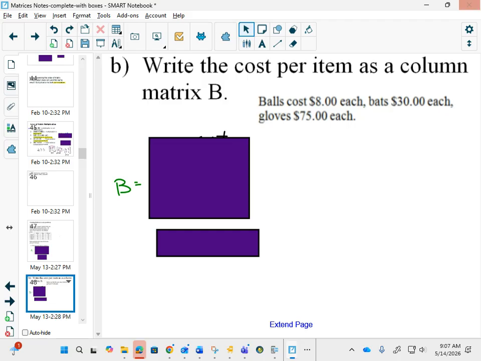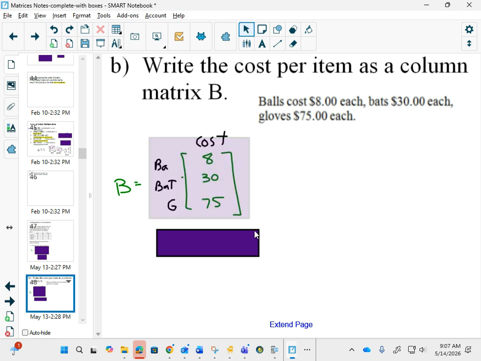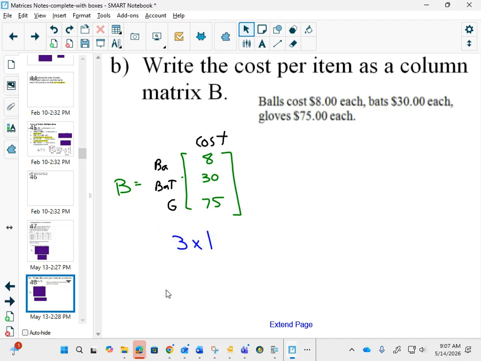Next up, write the cost per item as a column matrix. Label that one B. So I'm making my cost as a column matrix. Again, I'm adding the little words here: cost, ba, bat, G. And in my calculator, this one is a 3 by 1.